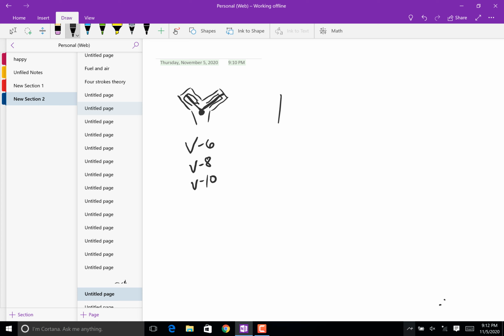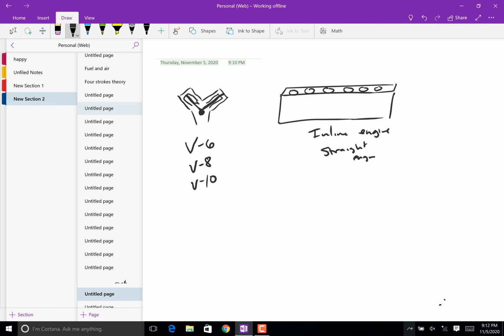You will also see the ones like I drew in class today, where they sit in a row, like so. 1, 2, 3, 4. This is referred to as an inline engine, or sometimes a straight engine, because it's straight, obviously. Typically, we'd refer to this as an inline 4 or an inline 6.